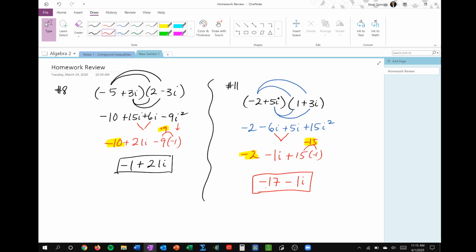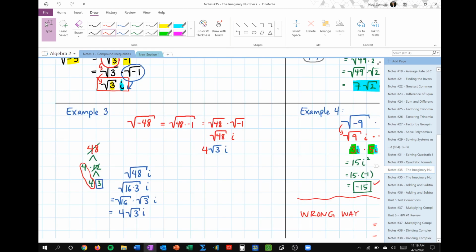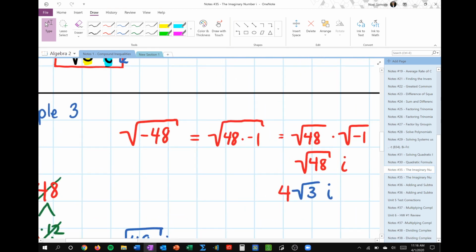No multiplying or dividing. That will be the quiz that comes after spring break. Okay, so you're only focusing on notes 35 and 36. Notes 35 is the imaginary number. So it's just real basic calculations, like simplifying square roots, things like that.